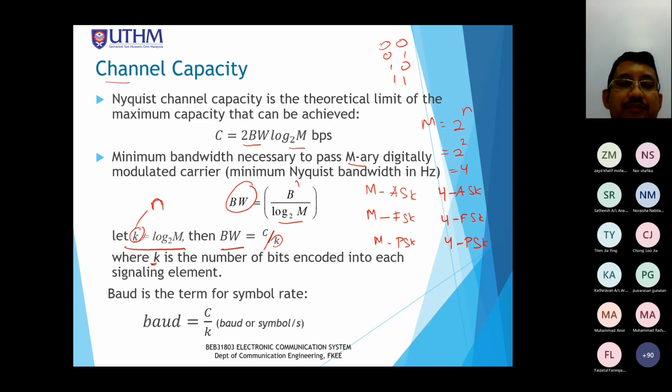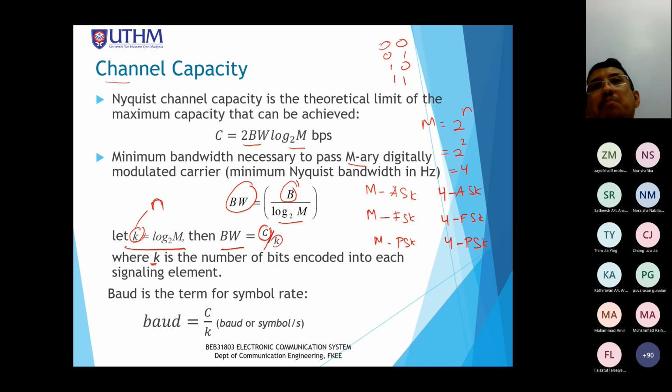If we consider the maximum bit rate, that means it is the capacity. Capacity is the maximum bit rate. So don't be confused about interchanging capacity and bit rate. Bit rate is the normal bit rate, the speed of transmission. But when we talk about channel capacity, this refers to the maximum bit rate that can be transmitted and decoded by the receiver.